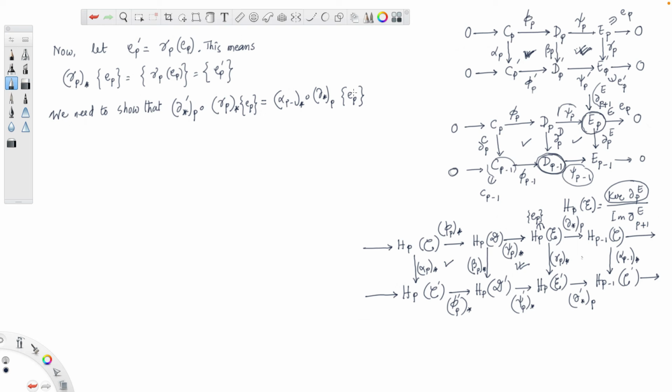But it amounts to proof that, so this will be equivalent to this, del star prime at P and gamma P star EP is just the class of EP prime, and we know from the definition of del star at P, this is the class of CP minus 1, okay, and this is the class of alpha P minus 1.